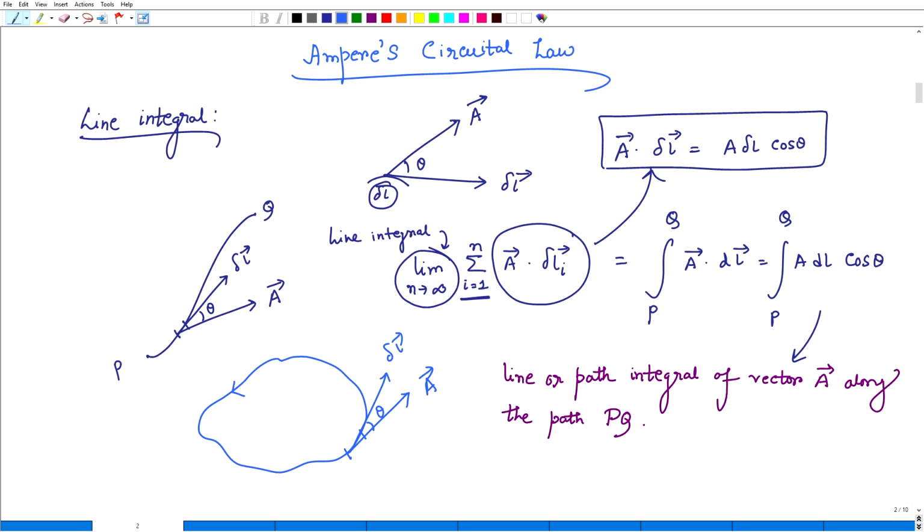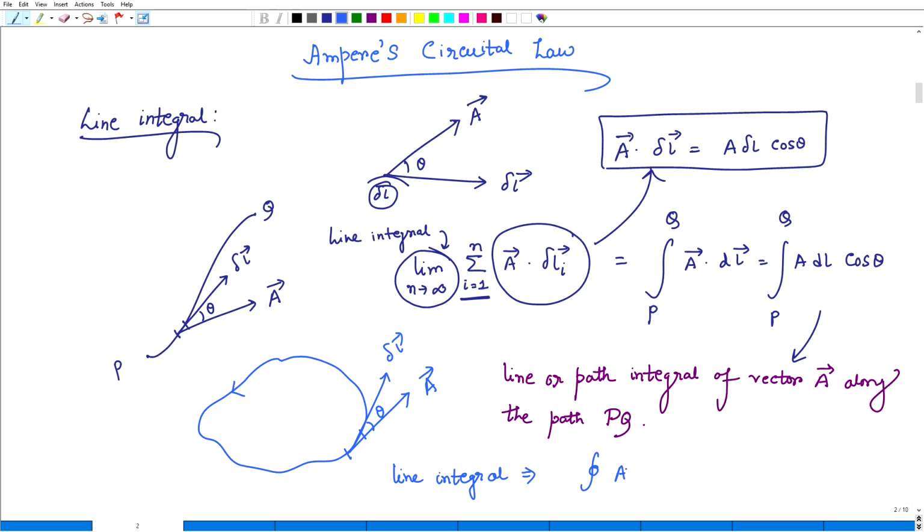Again similarly we can write, the overall part is the same, just the line integral will be, now this is a closed loop, so the path is a closed path, because the loop is closed. In the previous case the total path is an open path from P to Q, that is why we put P to Q. Now, we have to put from P to P. So that is why we use the closed integral.